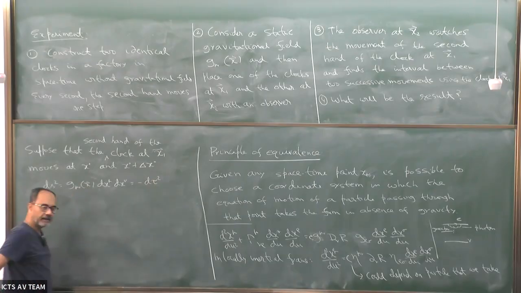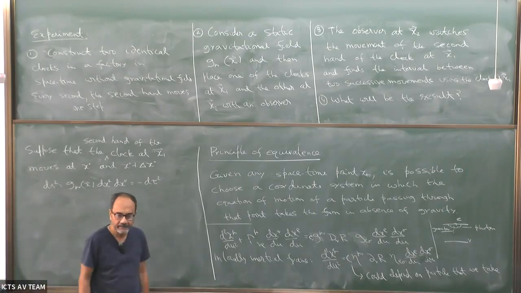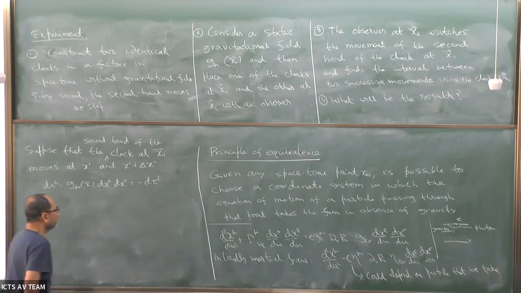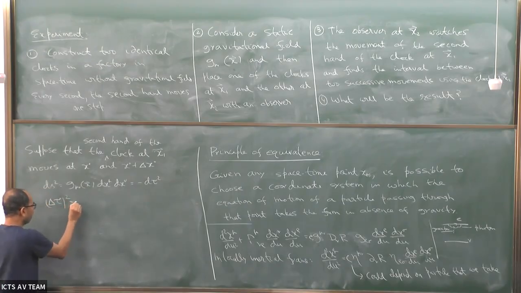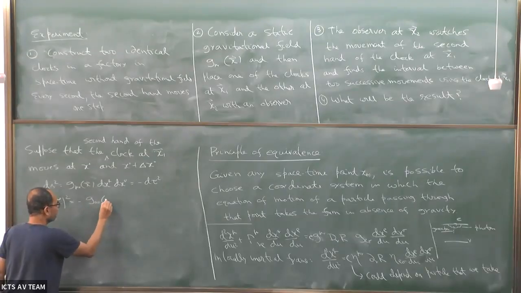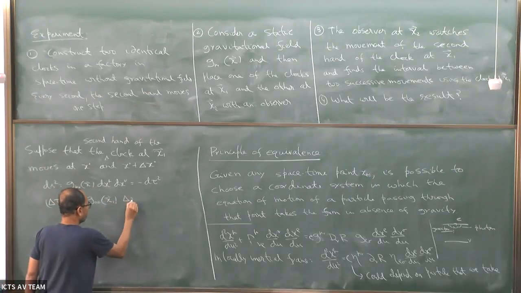Since the clock is a heavy object, it moves along some timelike curve. So delta tau square between these two successive intervals will be given by minus g00 of x1 delta x0 square.